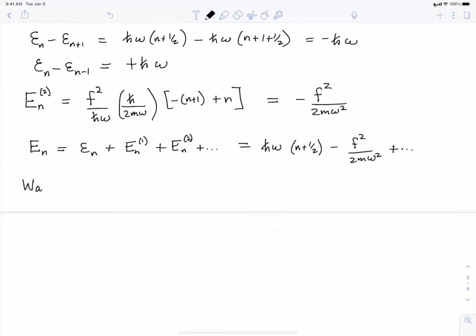Okay, let's do the wave function first, and we'll only work to first order in the wave function, because the first order correction to the wave function, or the state, is non-zero.